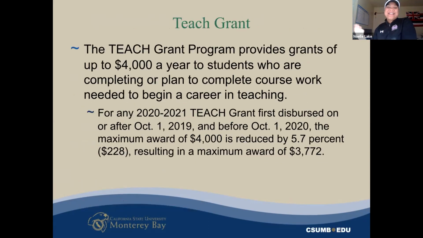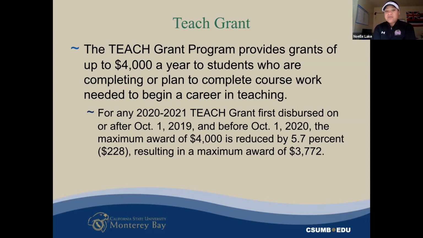And great, Teach Grant is the next slide. So more in depth of the Teach Grant, you can actually receive up to $4,000 a year. Now it depends on enrollment status and it depends on your eligibility, but also we do have origination fees, which is also like a subsidized loan and other student loans.